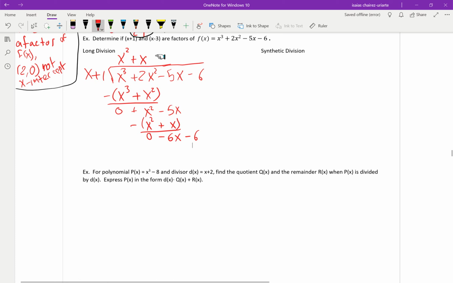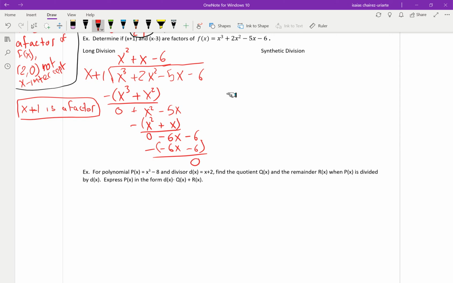Okay, and then something times x should give me negative 6x. So negative 6 times x is negative 6x, and negative 6 times positive 1 is negative 6. And if we do minus, we have 0. So that means x plus 1 is a factor.